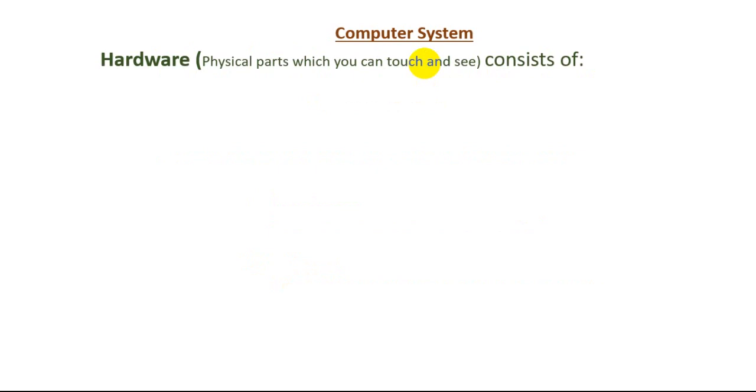Then let's take a look at the hardware. Hardware is the physical parts. So let's go into a little bit more detail about hardware. The first part of the hardware we call the input device. Input device is the device used for taking instructions and data into the computer.